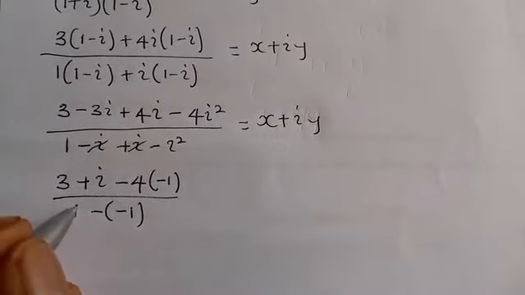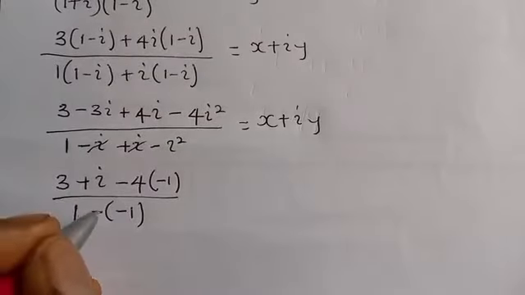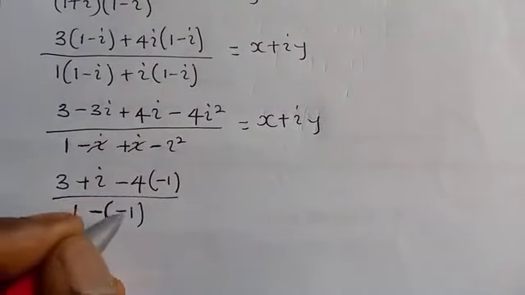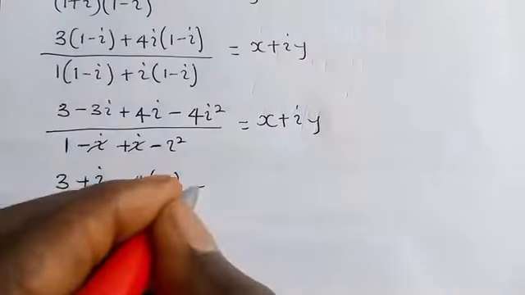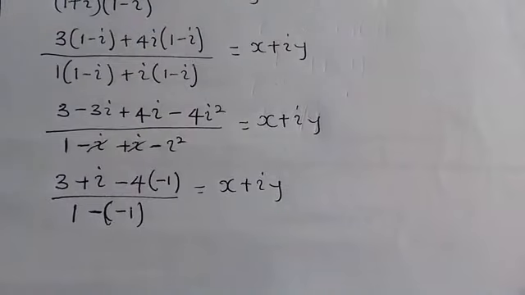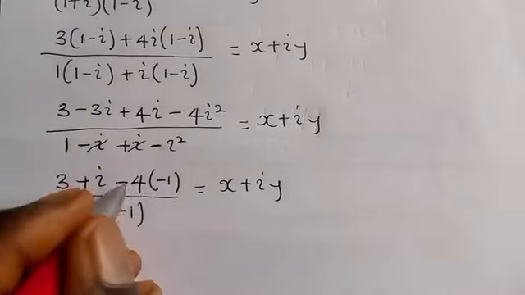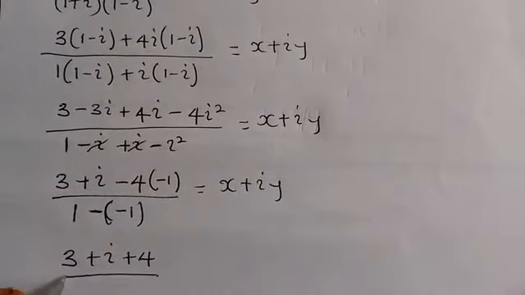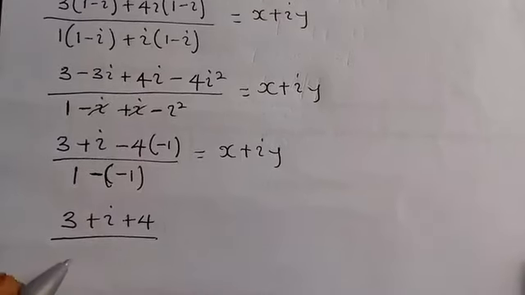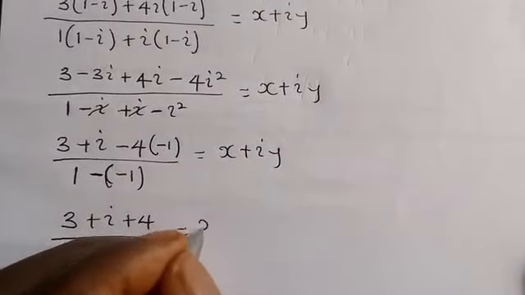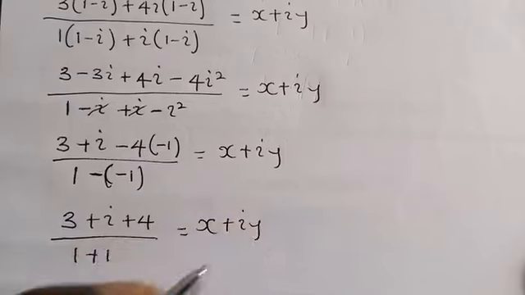The minus sign is this minus sign, and i squared is the one that has the value of minus 1 here. And that's equal to x plus iy. So we have 3 plus i minus 4 times minus 1, we have plus 4, divided by 1 plus 1, equal to x plus iy.